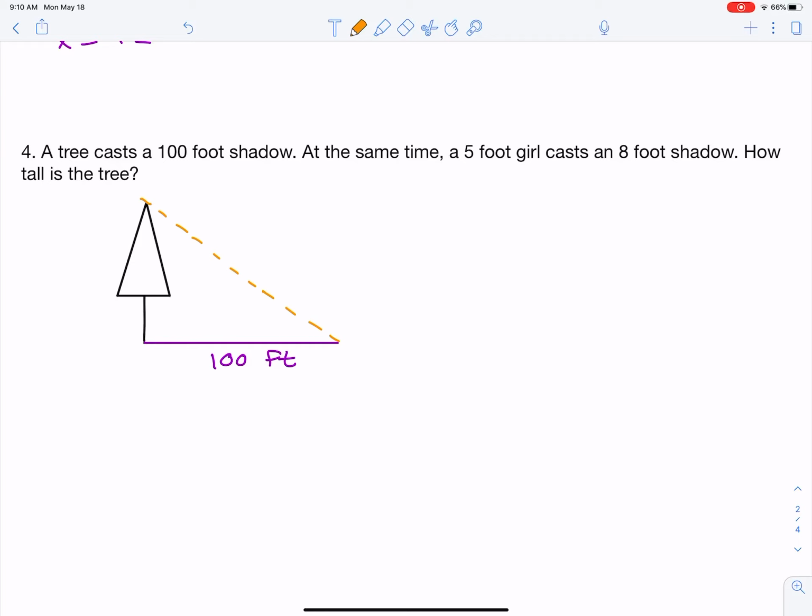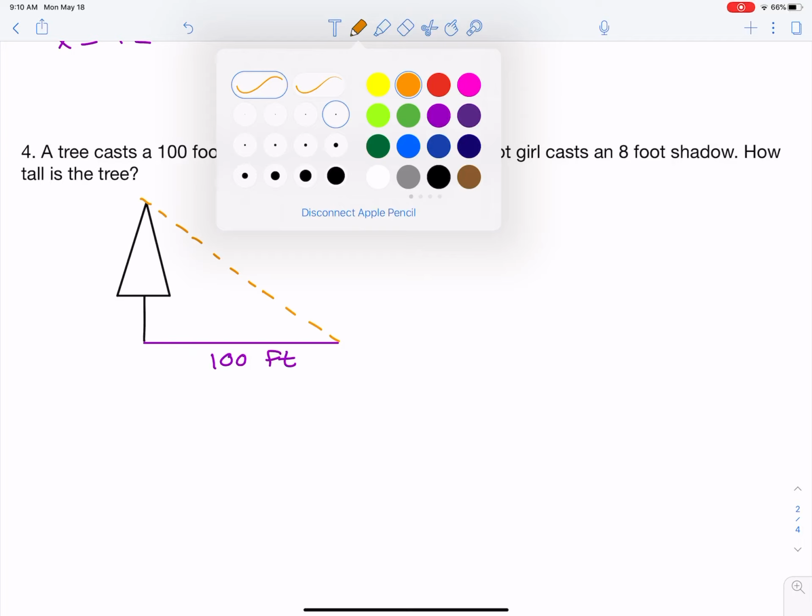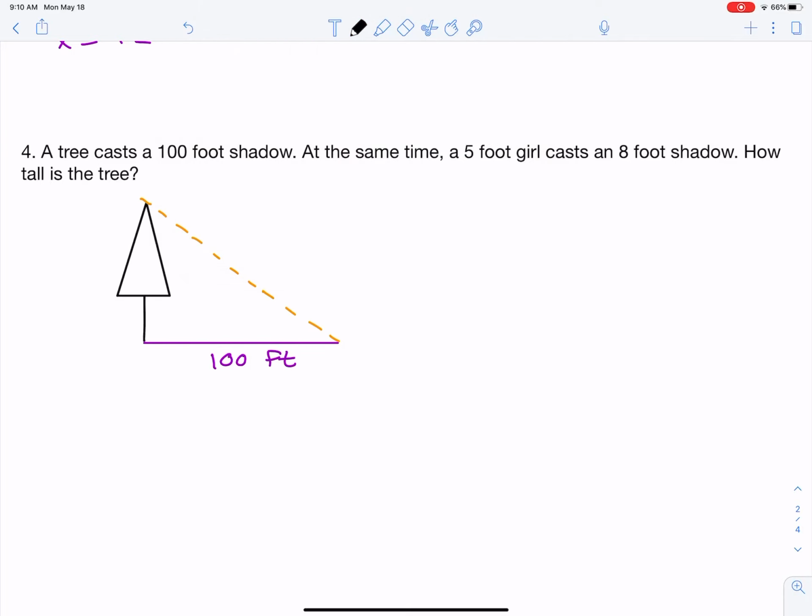Then what do we have? We have a 5-foot girl, so I'm going to draw a 5-foot girl. Whoops, that would be really long. Okay, this person's going to have some really long legs. So here's my 5-foot girl.